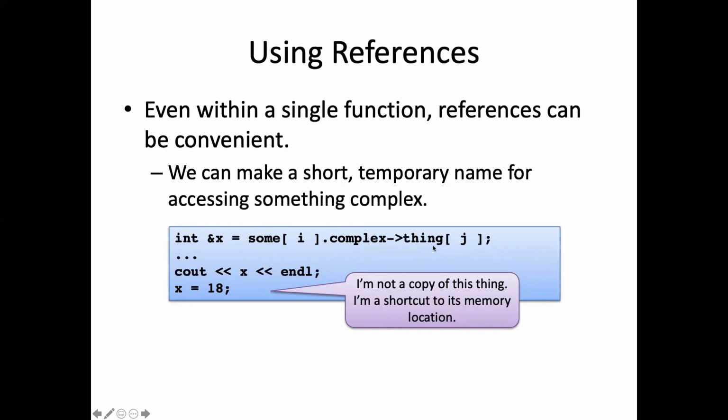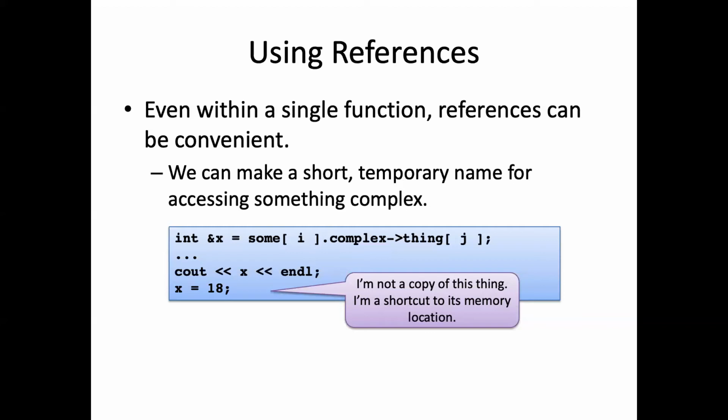And if that thing is an array, you might look up an element in that. So this long, complicated expression, maybe you have to use this in a couple of places. Instead of having to copy this syntax and use it over and over again, or like I've seen some people do in their code, sometimes they copy that value and then put it back later after they've modified it, which seems a roundabout way of doing things.